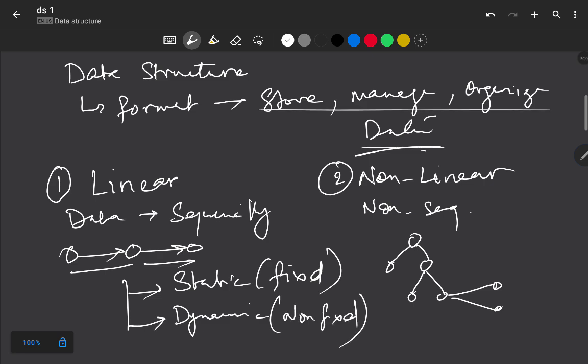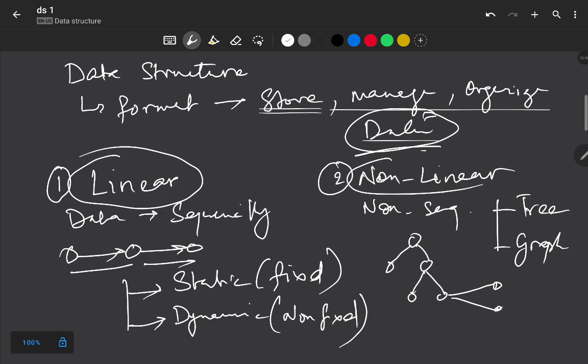Similarly, under non-linear there are two divisions: one is your tree and one is your graph. To summarize, a data structure is basically a place where you can store, manage, and organize your data. It is divided into two major types, linear and non-linear, and they are further subdivided as static, dynamic, and tree and graph.